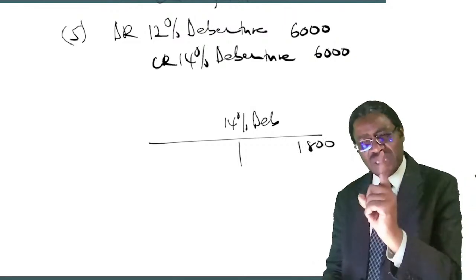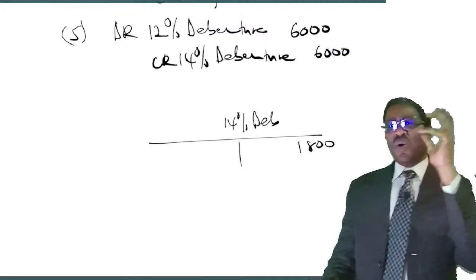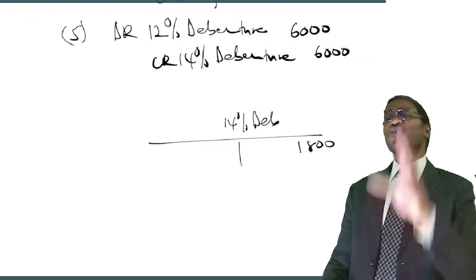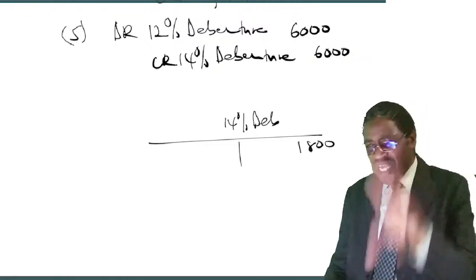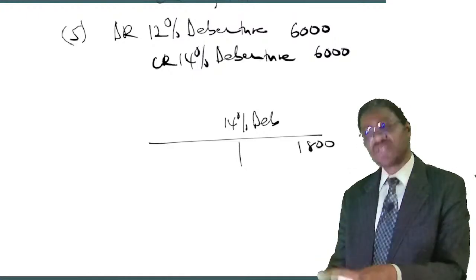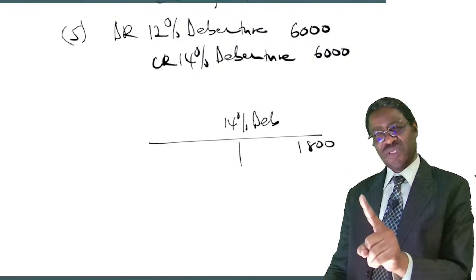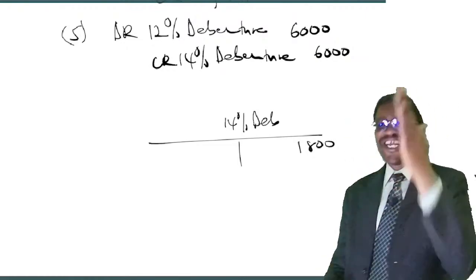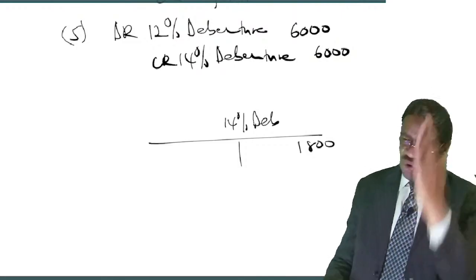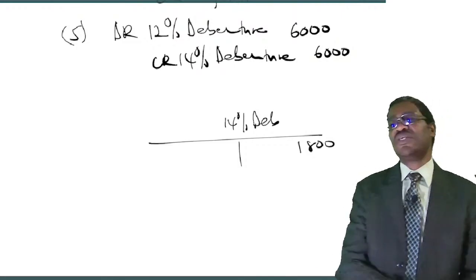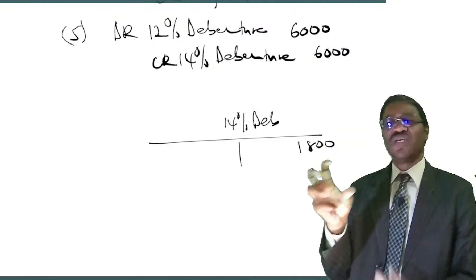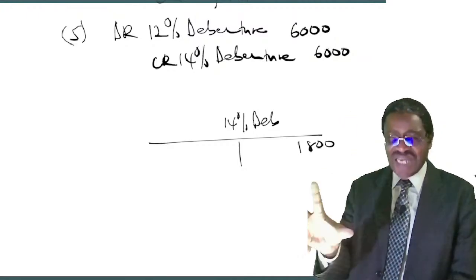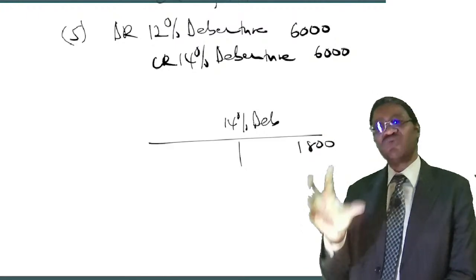But I want you to note, whenever a company issues debentures or shares, whether at a premium or at a discount, it does not matter. You know this from your foundation of accounting. The share capital account and the debenture account must carry the nominal value of the debenture.